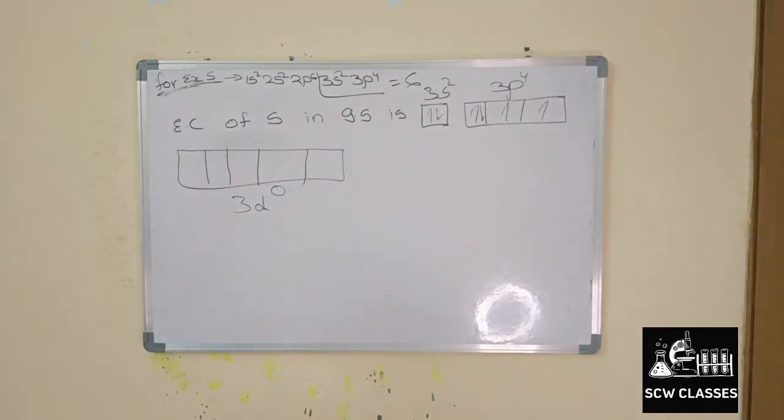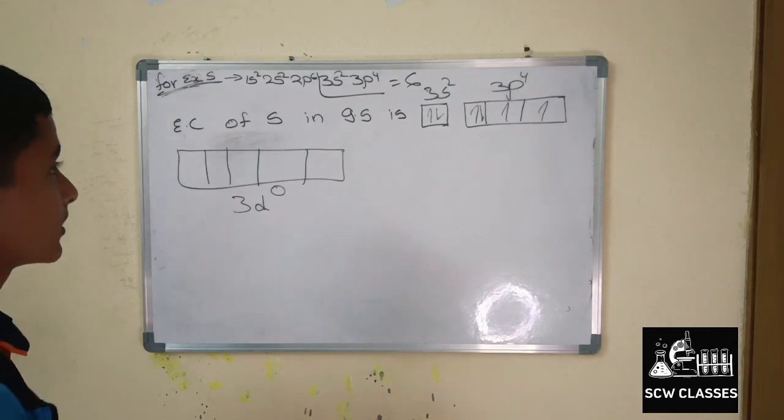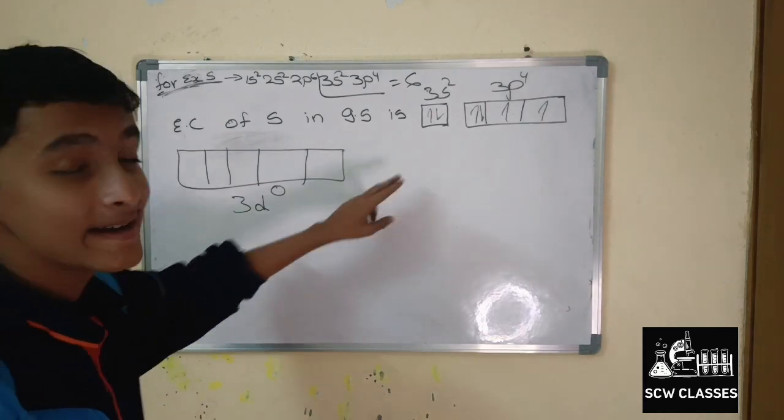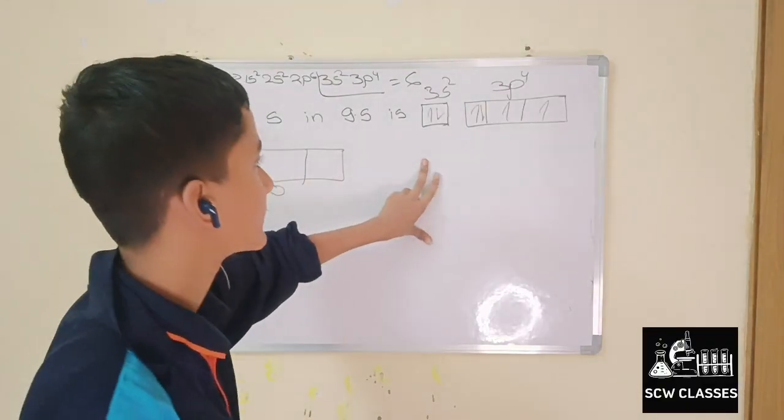How, bro? How is the valency of sulfur 2? Because it has 2 unpaired electrons.